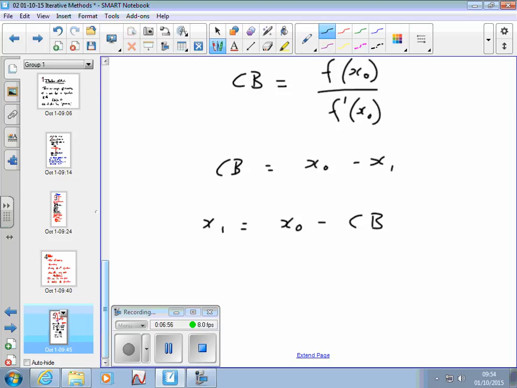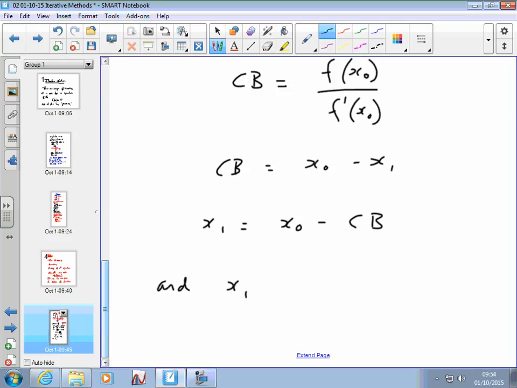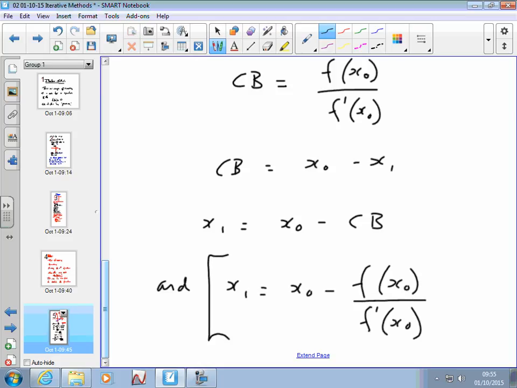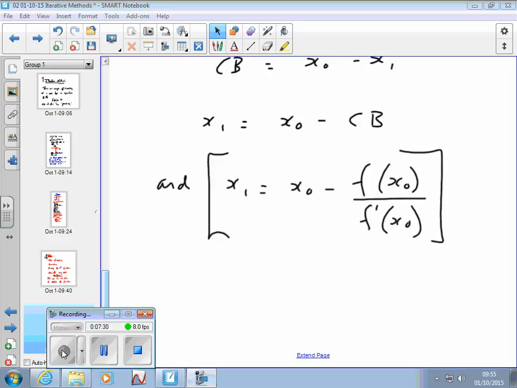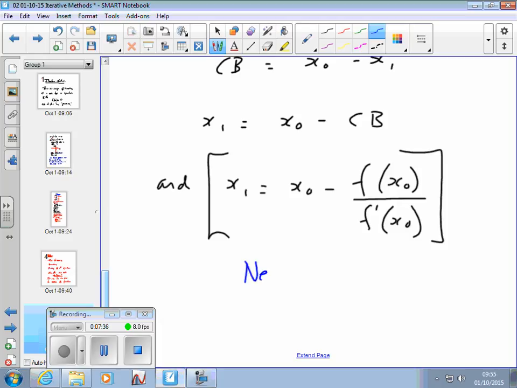But we know what CB is, f(x0) over f prime(x0). And x1 equals x0 minus the function at x0 over the differential of the function at x0. And that is Newton-Raphson's iterative formula. So this is Newton-Raphson.